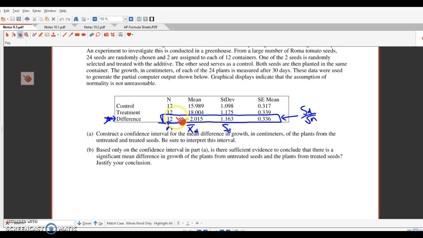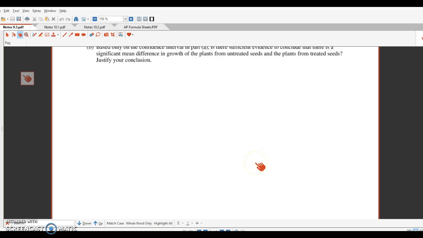So here is the sample size, how many pairs were provided, the average difference, the standard deviation of the difference, and the standard error of the mean. So I've actually already calculated this part of the margin of error. In order to come up with the confidence interval, I would just have to take negative 2.015 plus or minus the t-value times the 0.336, and that would give me my answer.